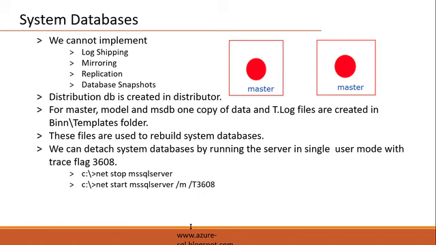That's why we can't duplicate it. Personal data cannot be duplicated. Same thing here: system databases cannot be duplicated. That is the reason we can't implement all these features on system databases. That's why we can implement these features only on user databases.